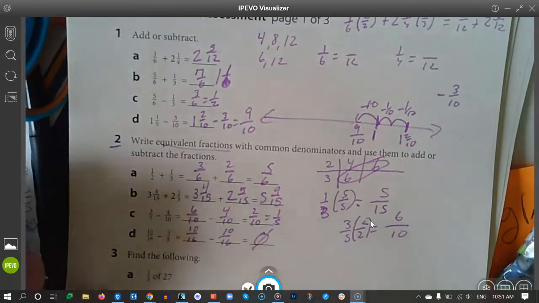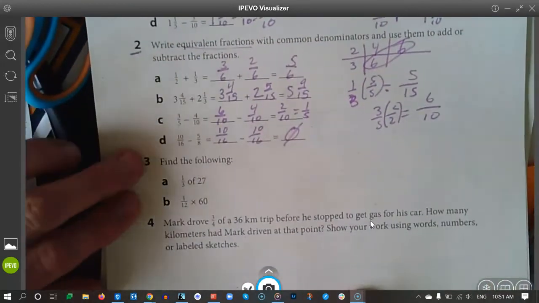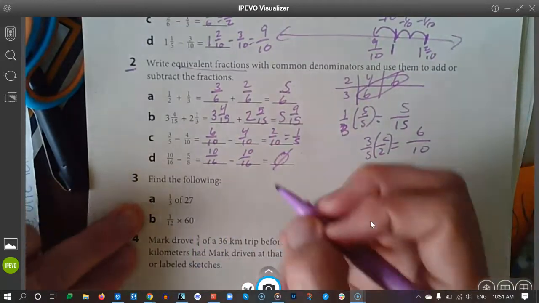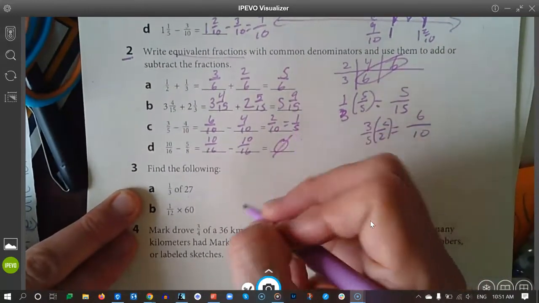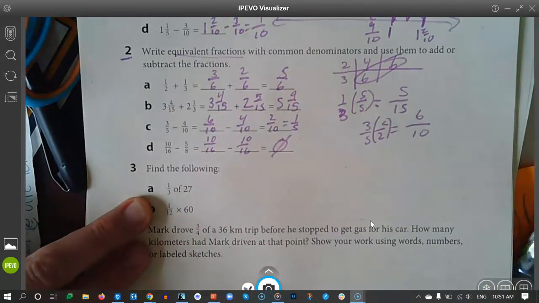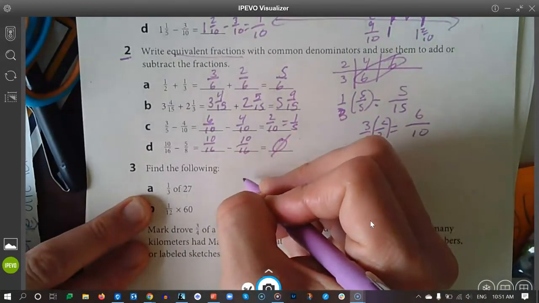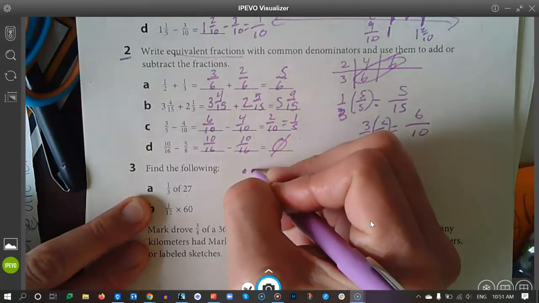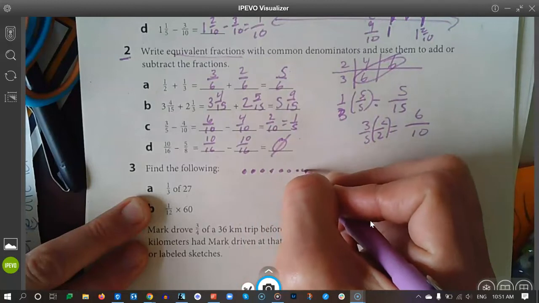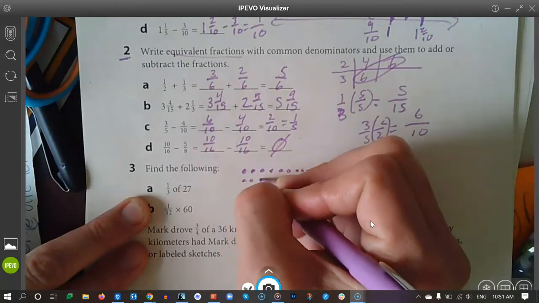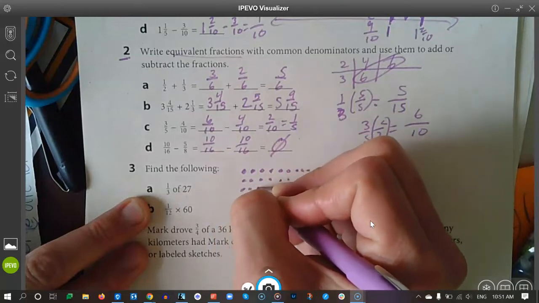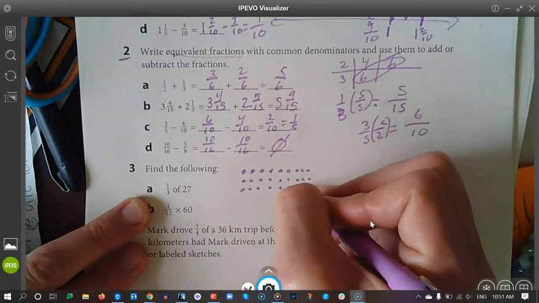Okay. Find the following, and we'll have a review on Tuesday too. So it's all good. 1/3 of 27. We can think of this as if I have 3 groups of 27. How can I do that? 1, 2, 3, 4, 5, 6, 7, 8, 9, and again, and again.